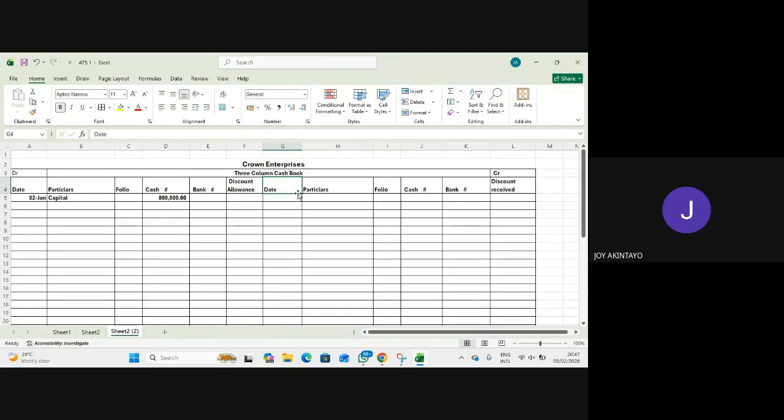Debit the bank. We are to debit bank and we are crediting which one? Capital?